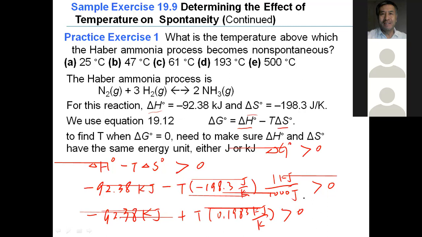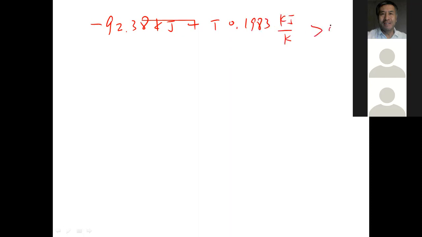Okay, so we turn the page and we write negative 92.38 kJ plus T times 0.1983 kJ per Kelvin larger than 0.